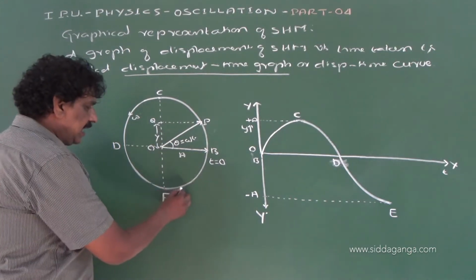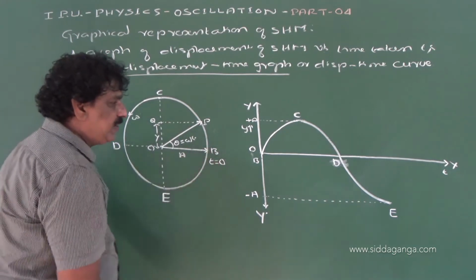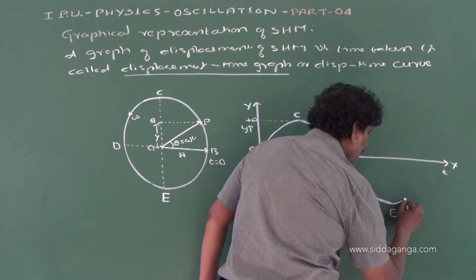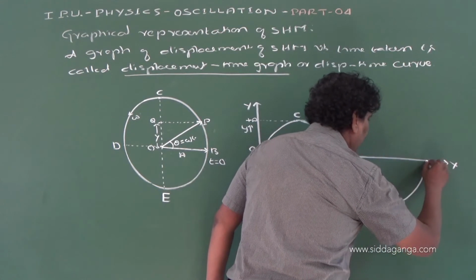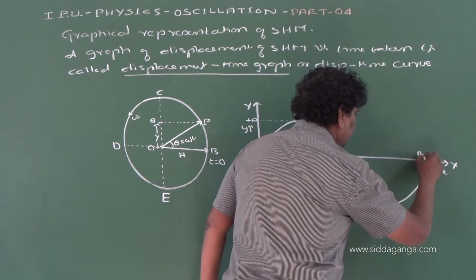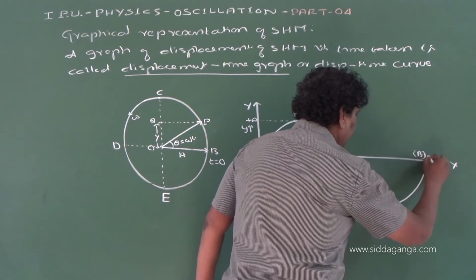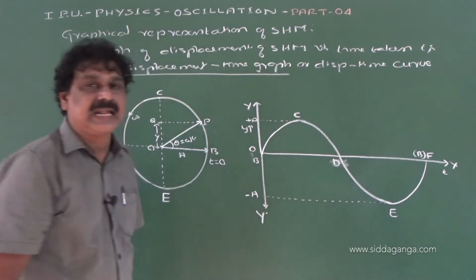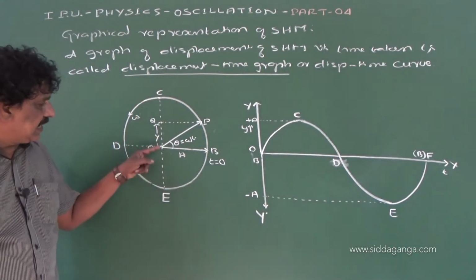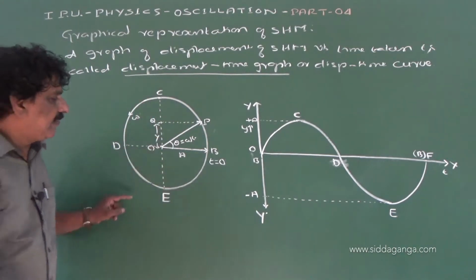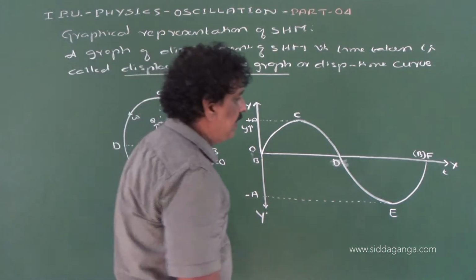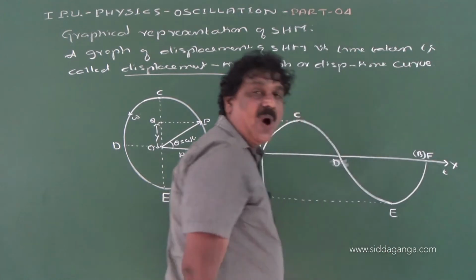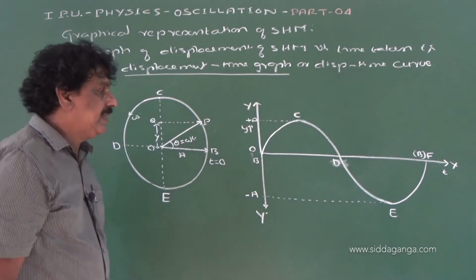As the particle moves from E to B, this is the initial position B. I will take it as F for the sake of convenience. It has reached the position B. When it reaches the position B, we will obtain the curve EB or EF.